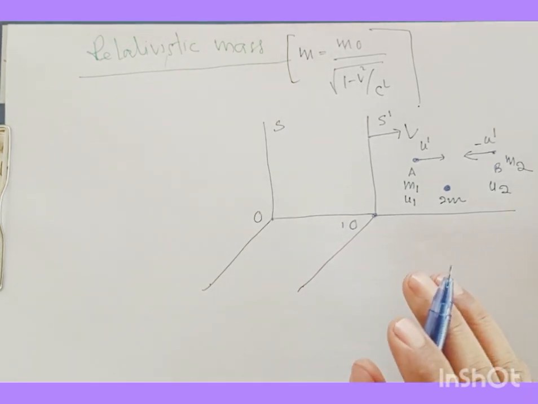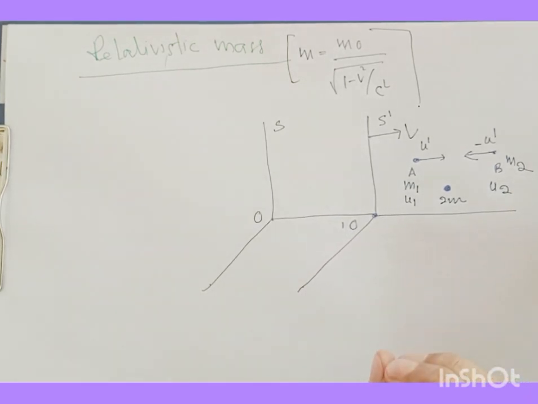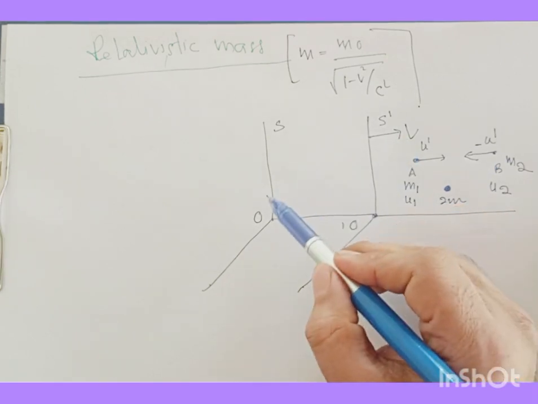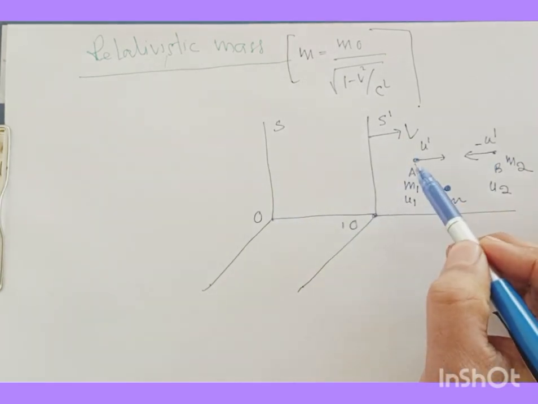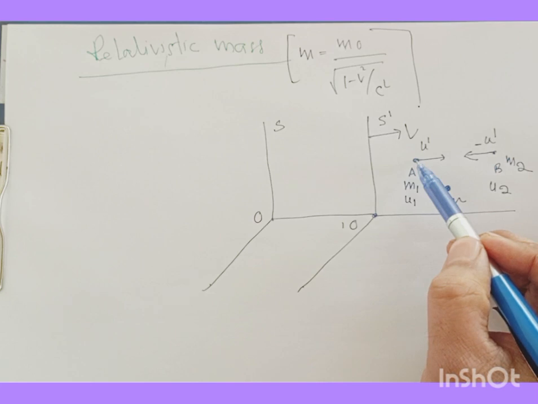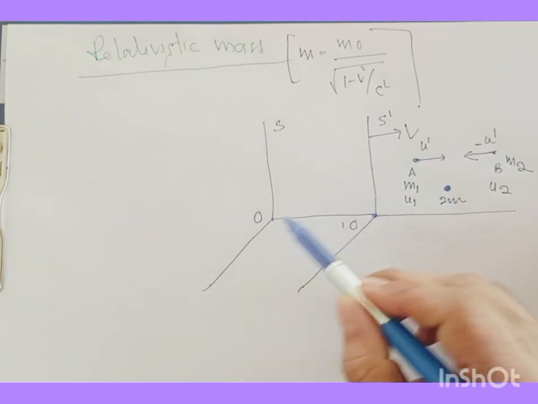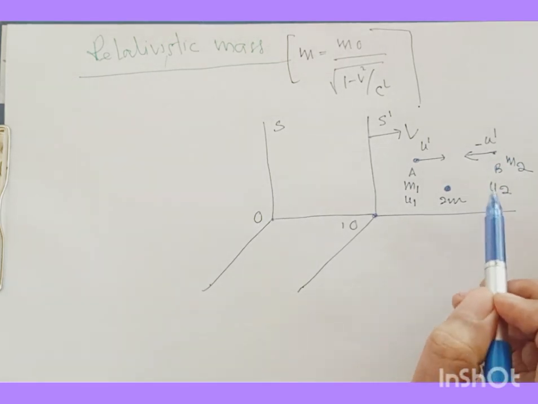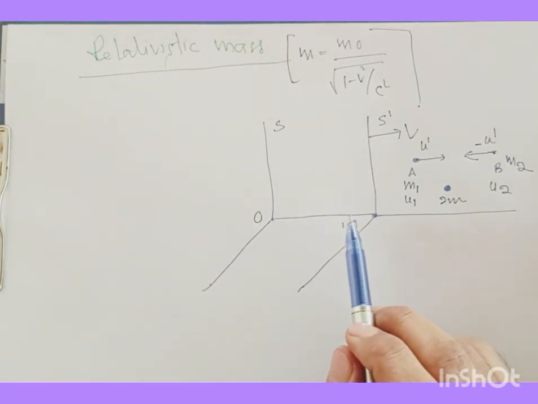So we are seeing this collision experiment performed in S dash, and how it appears in the frame S. The mass of the first object is taken as m1 with respect to S, and the mass of the other object is taken as m2 with respect to S. So that should be clear.